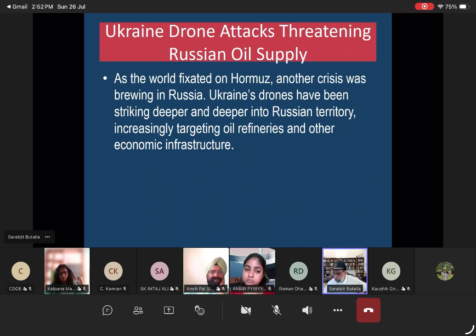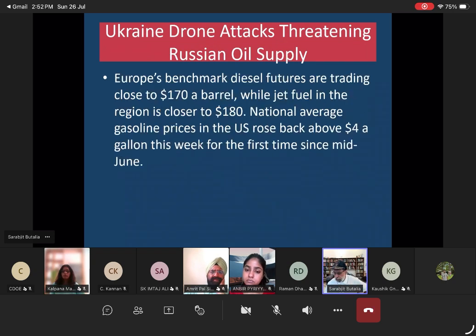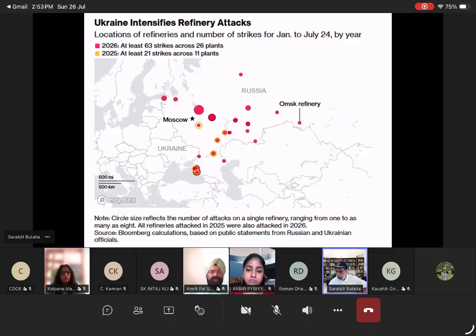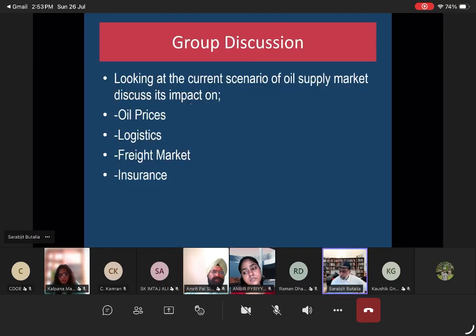Some of the things which they are expecting in Europe, you can see future trading of $170 a barrel, with jet fuel at $180. So if you are traveling, then your air tickets probably will go up. These are the areas where they have been attacking. Ukraine intensifies refinery attacks. So this is what is happening today. But my question was, charging.